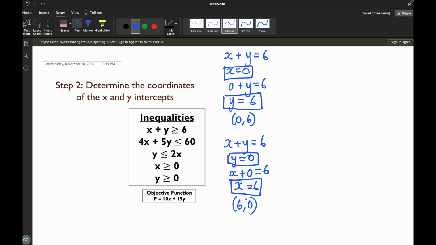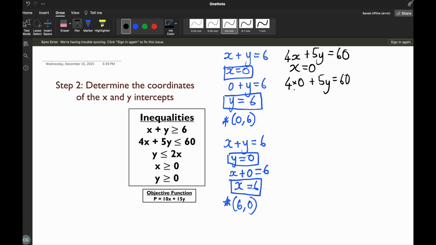Y'all remember when we did this? Lovely. So the next constraint is going to be 4x plus 5y equals 60. So we're checking that line. We replace x with 0 first. This here gives us the y-intercept, guys. Remember that. So 4x means 4 times 0, since x is 0, plus 5y, which is equal to 60.